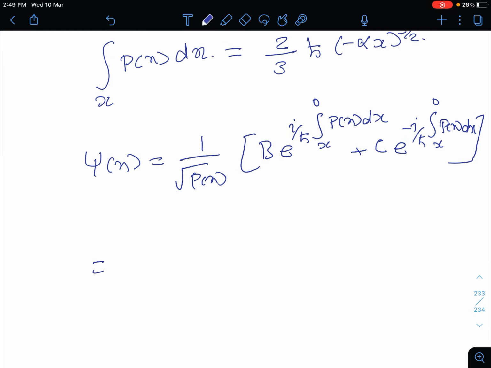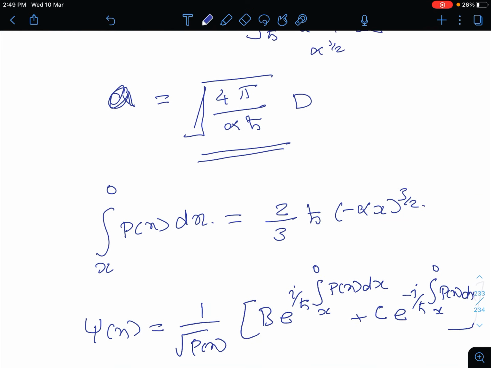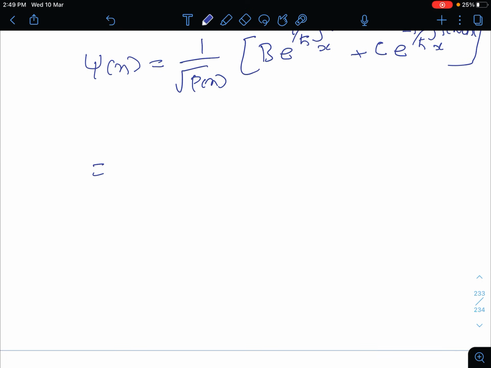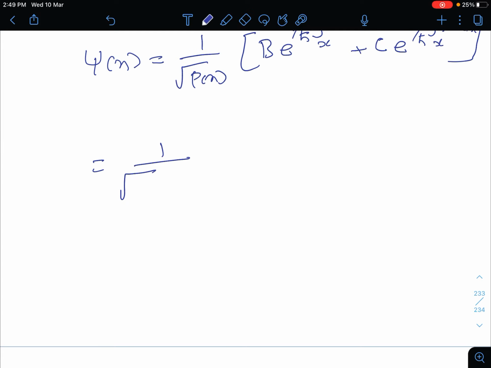Now what is root p x? Root p x, we have already found it earlier. Root p x is 1 by root h cross, alpha raised to 3 by 4, x raised to minus x raised to 1 by 4. Okay.